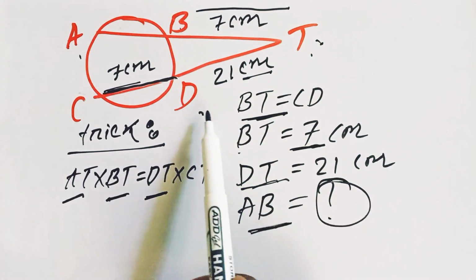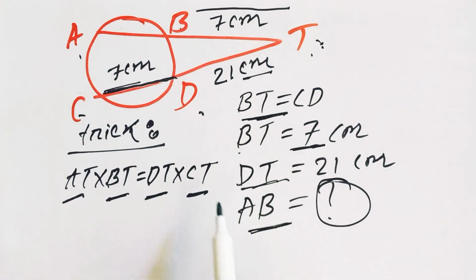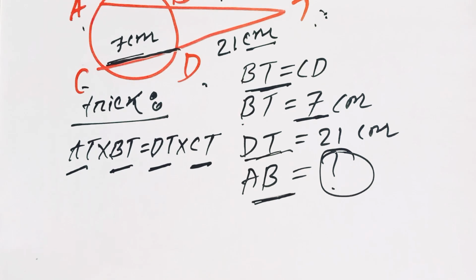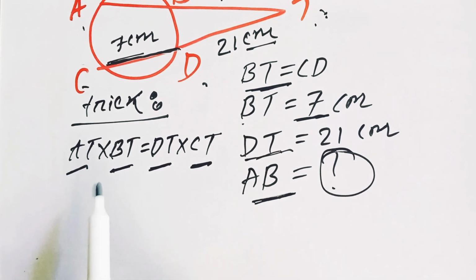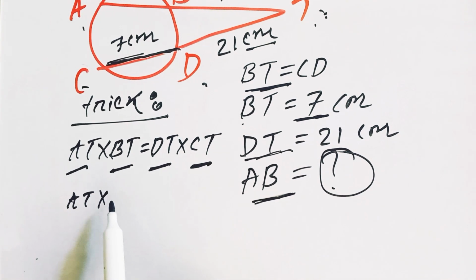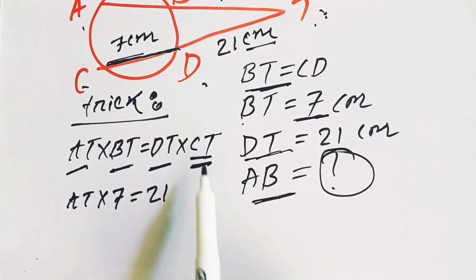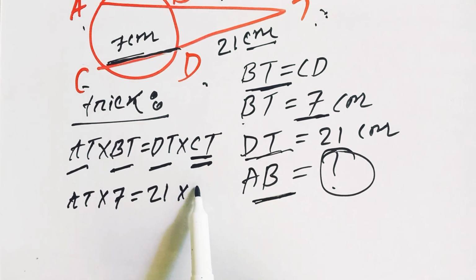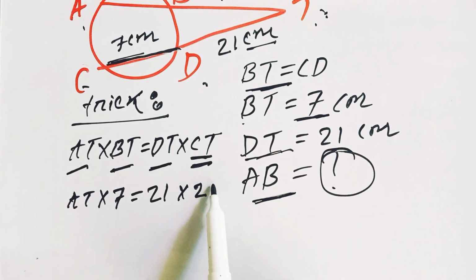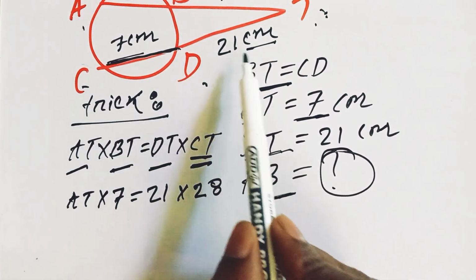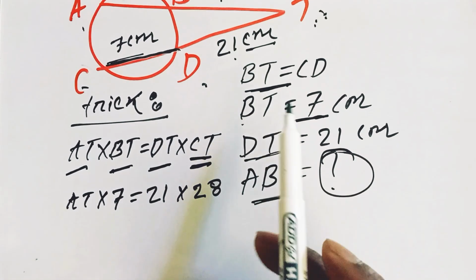So friends, see here we should put the values. So AT into the value of BT, which is 7, equal to the value of DT, which is 21, and the value of CT, which is 28. See, friends, DT is 21 centimeter and CD is 7 centimeter.